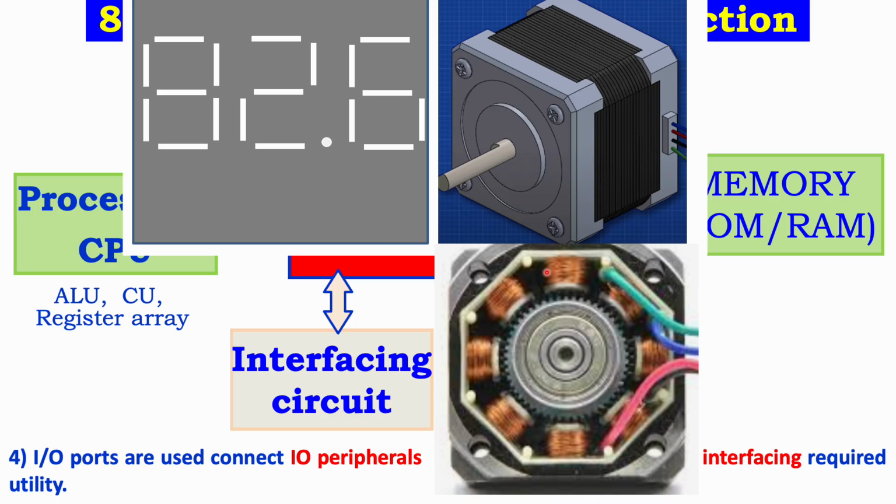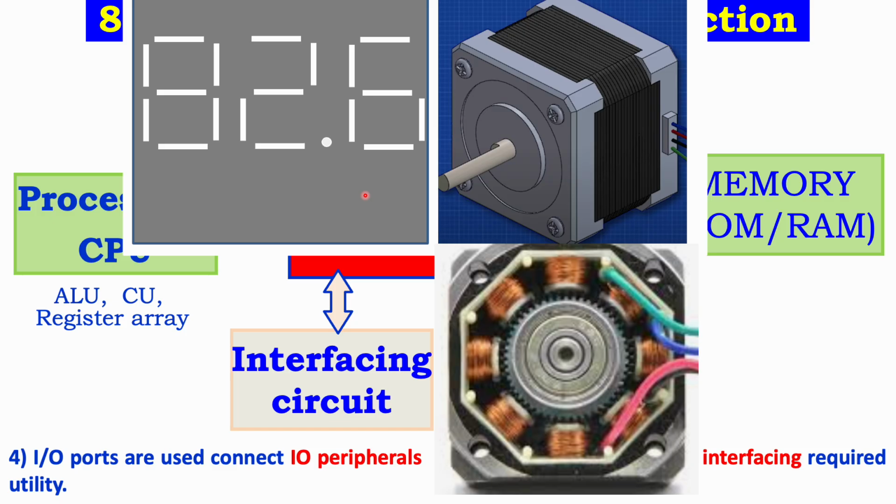Next, the interface circuits. Like a microprocessor, here also the 8051, even though it is a simple small computer, can use interface devices. One example of an interface device is a seven segment display, which is interfaced with the 8051 microcontroller. Any electronic device, motor, or driver can also be interfaced with the 8051.